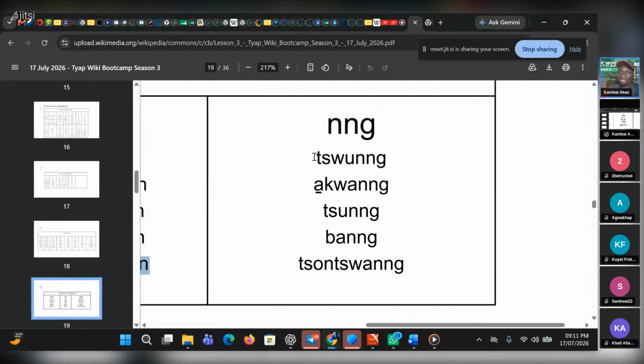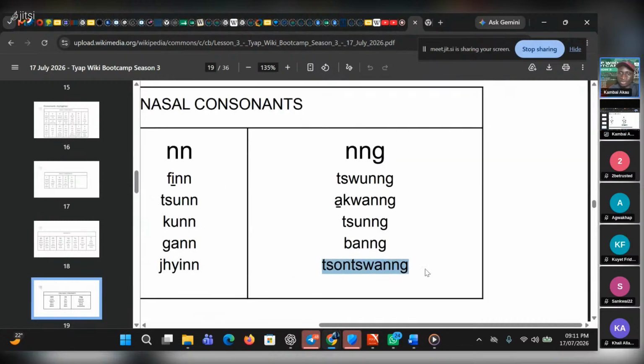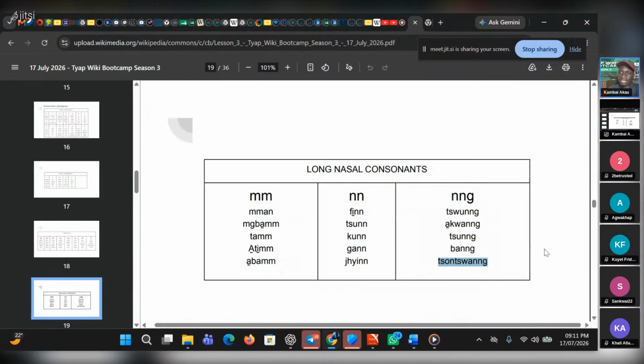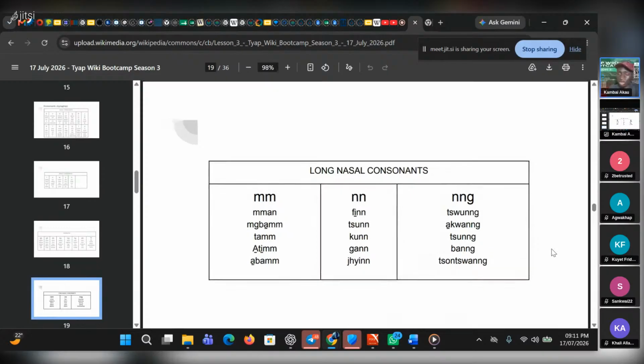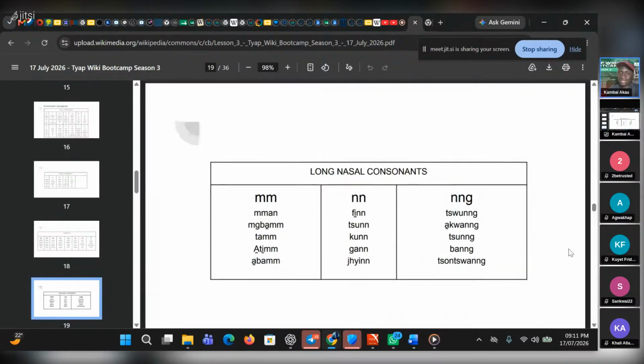Then right here we have chung, kwang, chung, bang, and chung chuang. So you can hear the way they are sounding like Vietnamese or Chinese, but those are the long nasals that we have in the Tyap language.